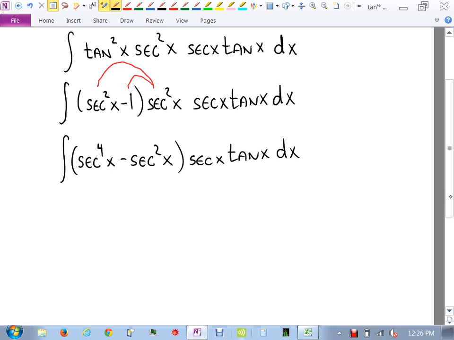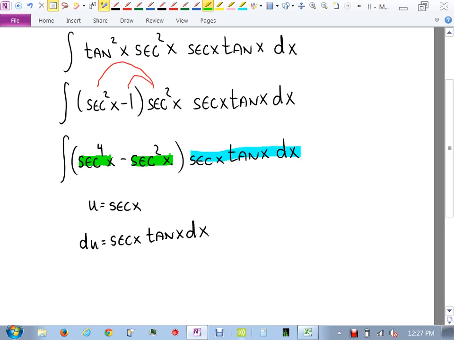So u here, do we see a u and a du? u is secant x. du is secant x tangent x. This one worked out nice, right? We have exactly our du right there. And then we have u to the fourth minus u squared. So that integral becomes u to the fourth minus u squared du.